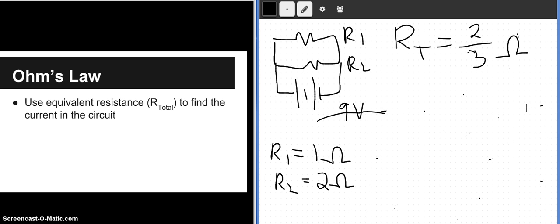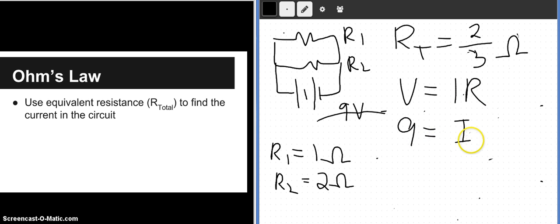So how do we figure out the current flowing through the circuit? Well, we use V equals IR. Our voltage is still 9. It's a 9-volt battery. I, and we know this should be 2/3. Okay, so 13.5.